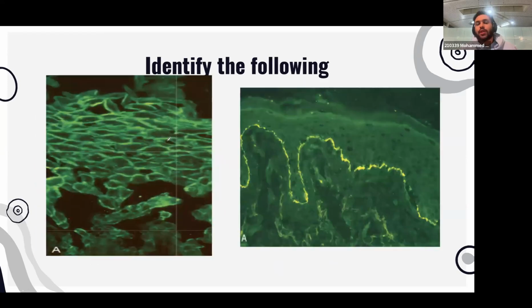Now we do immunofluorescence. If I have this left image, what is this image? Fishnet, which is for what disease? Pemphigus, good. Here we're targeting for immunofluorescence the IgG that's targeting the desmosomes.